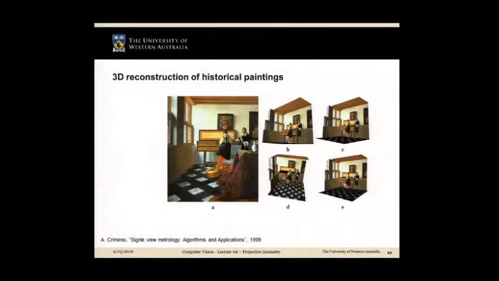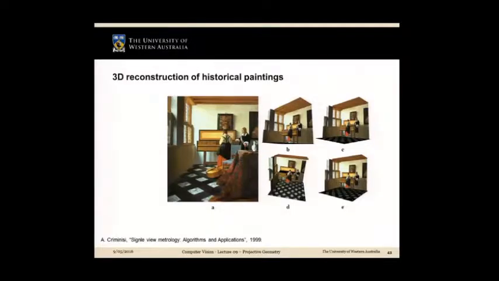Now, looking at this 3D reconstruction of historical paintings. You have the painting on the left, and using all these concepts of projective geometry, you reconstruct the painting. If you look at the pattern, number one, the complex objects were removed. If you look at the reconstructed image, these objects have been removed.